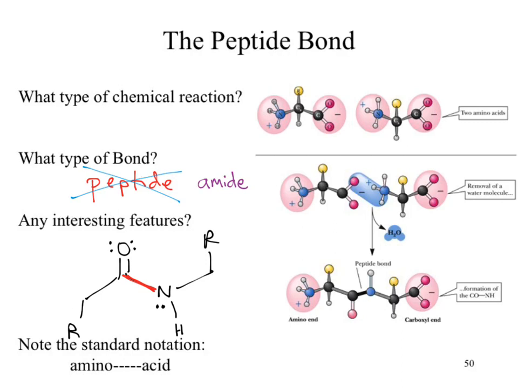Don't tell me peptide or amide. Keep it simple. Polar bond. Polar bond, go even simpler than that. How many lines are there? Oh, single bond. What can a single bond do? Rotate. Okay. That can rotate such that the R groups are now on the same side. So with that rotation, we can generate different potential structures coming out of this.